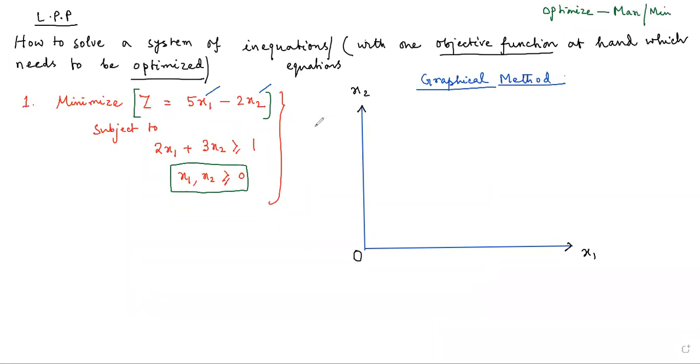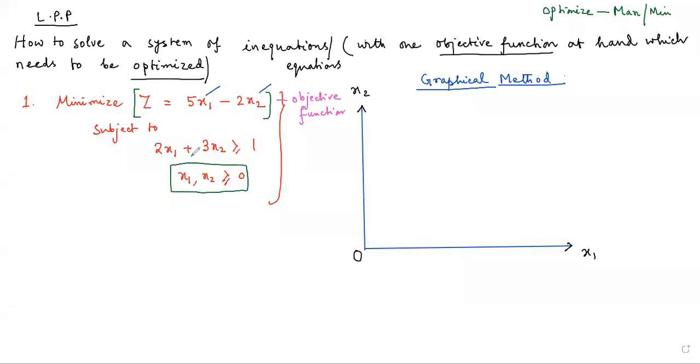So this problem is a minimization type of problem, and the function which needs to be minimized or optimized, in general sense, is called the objective function. To start with, we don't have to look at the objective function first of all. The role of the objective function will come later.